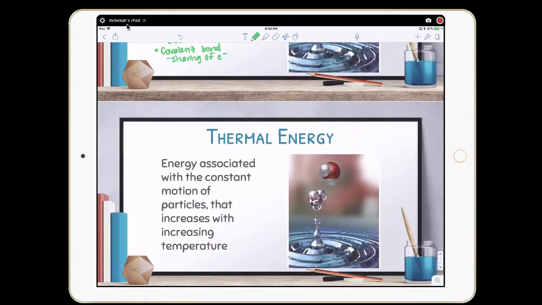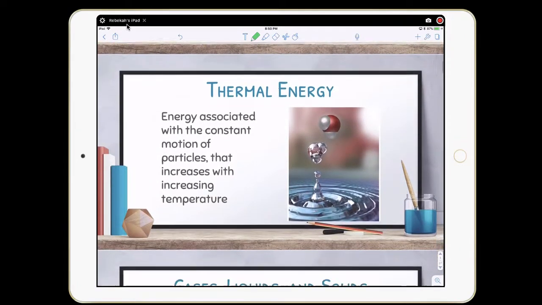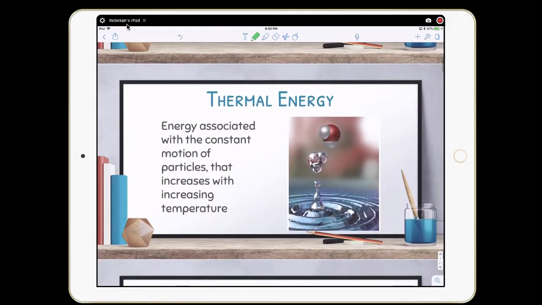One of the things we're going to talk about in this chapter as well is called thermal energy. You've already talked about thermal energy. We've talked about enthalpy, enthalpy of reactions. So thermal energy is really just the energy of this constant motion of particles. In the last chapter, we talked about how kinetic energy is directly proportional to the temperature.